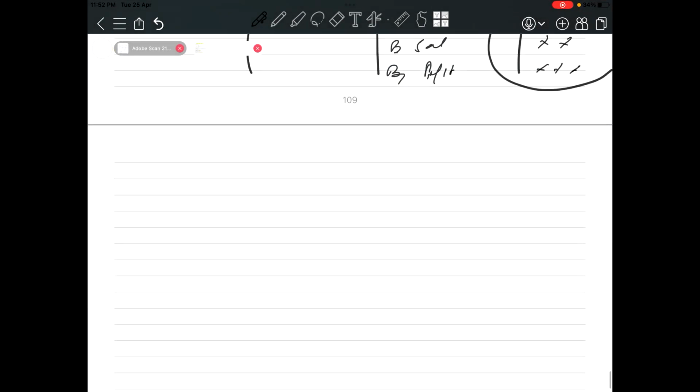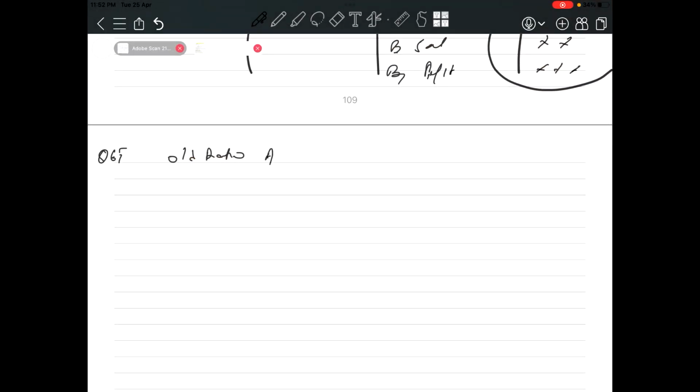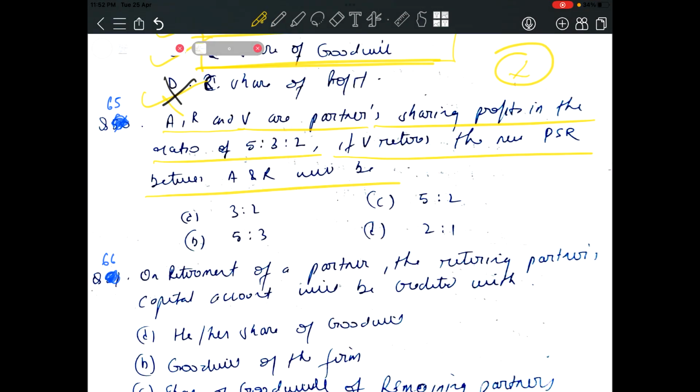So question number 65. Old ratio between A, R, V is 5:3:2. Now who is retiring? V is retiring.